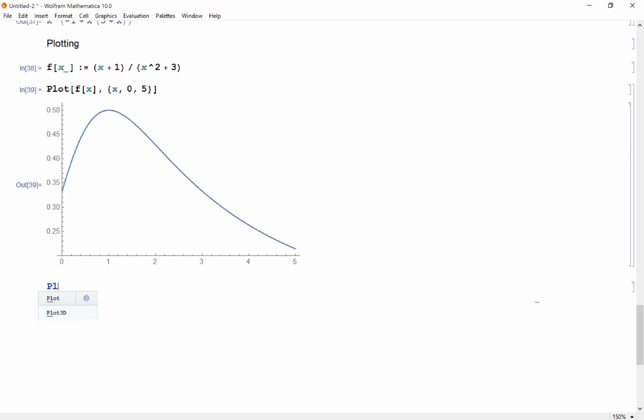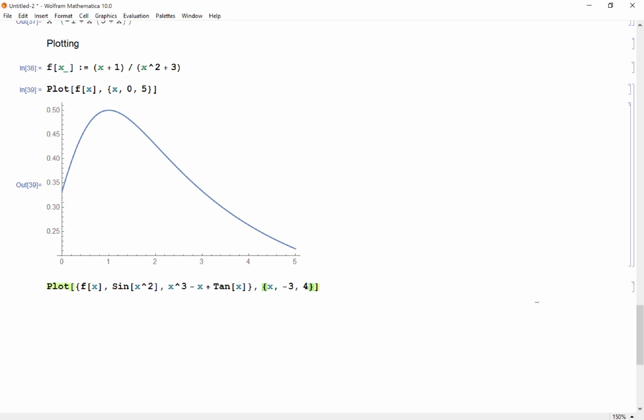Sometimes we want to plot multiple functions together. The way you do that is you just make a list. A list is with braces: f of x, and then let's think of, how about sine x squared, and let's throw in there x cubed minus x plus tan x. And we want to go, I don't know, from -3 to 4.